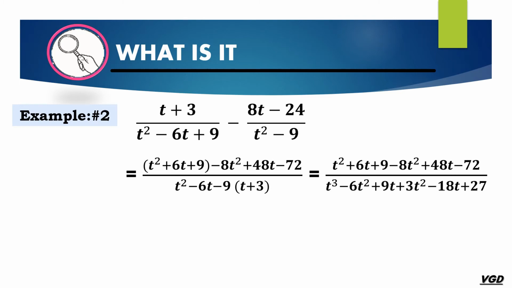So after expanding the factors in the numerator and denominator, let's now combine like terms if there are some like terms and then evaluate. So for the numerator, we have t squared and negative 8t squared.